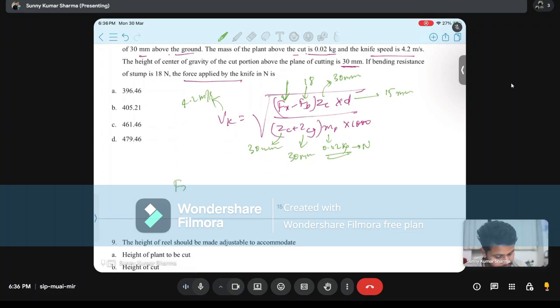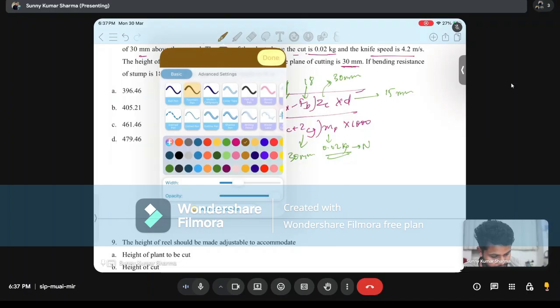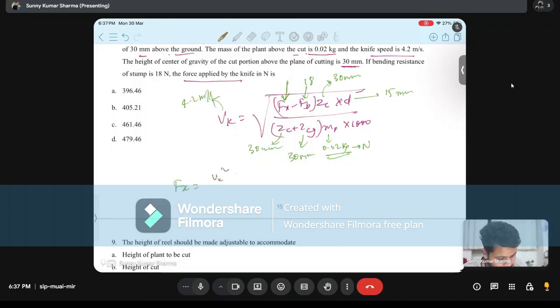So Fx will be Vk square times Vk square into HFC plus HFCC and into 1000, entire HFC into 2.